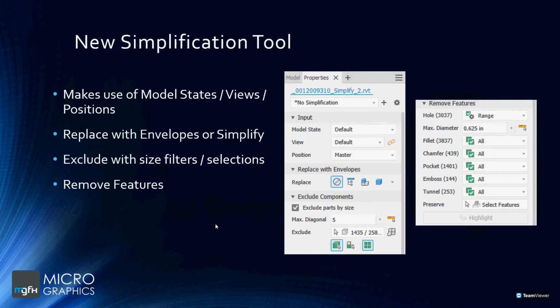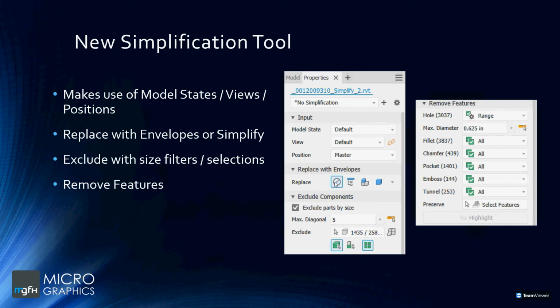So the first major difference over the previous versions is the ability to use model states within the simplification command. And model states, I'll discuss in the next slide, but just keep this in mind: for the input options here, we're able to choose a model state.